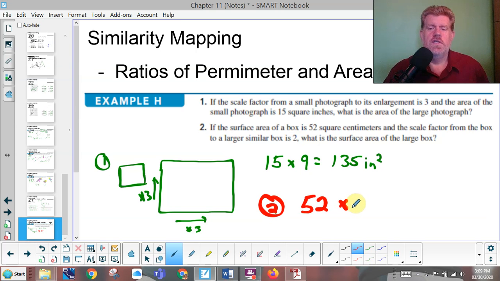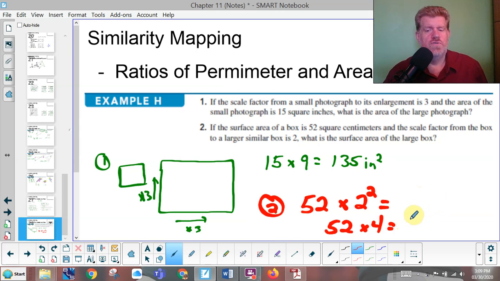We're increasing it by a scale factor of 2, but remember, that gets increased by 2, and that gets increased by 2. So together, it's actually being multiplied by 4. So it's 52 times 4, which would be, let's see, 52 times 2 is 104, 208 square centimeters. That's how much the area changes.